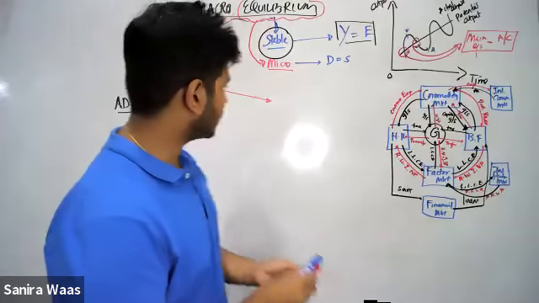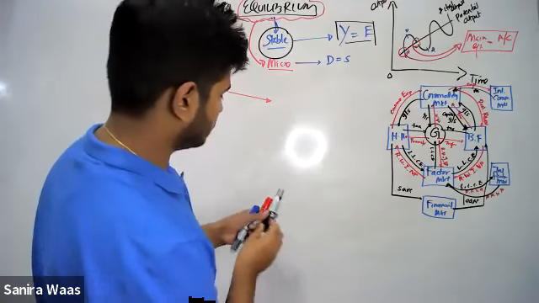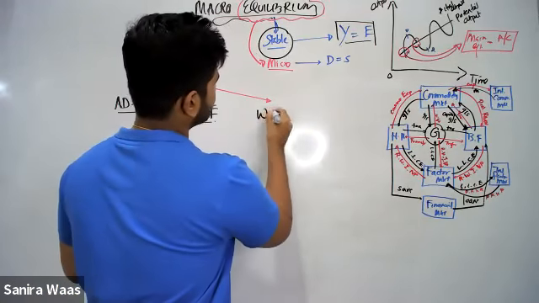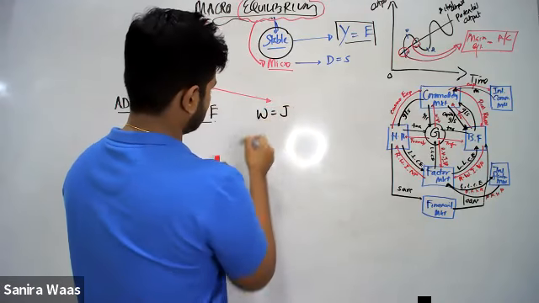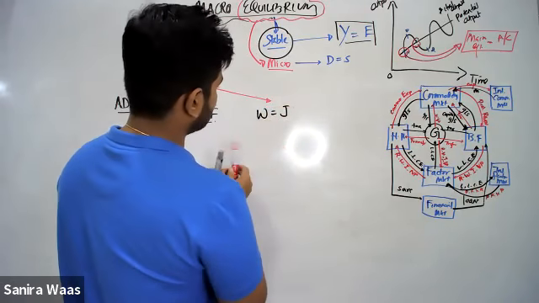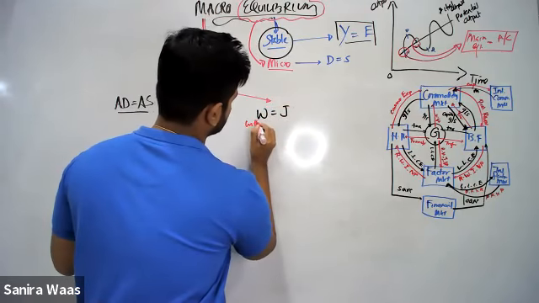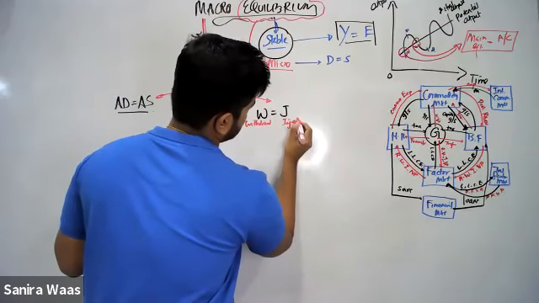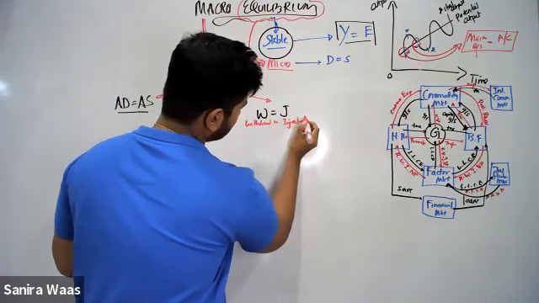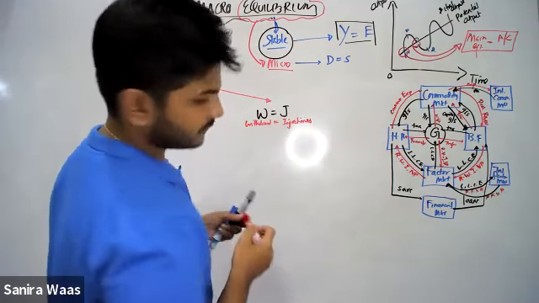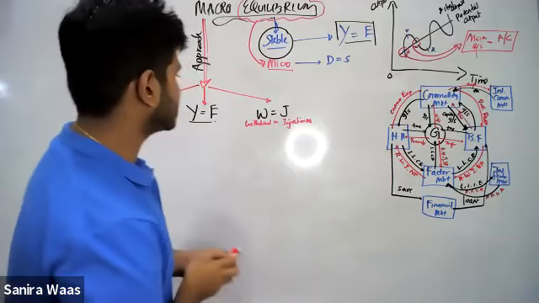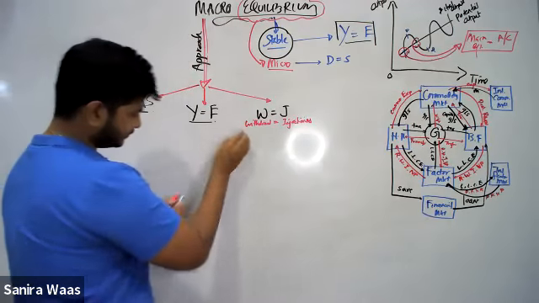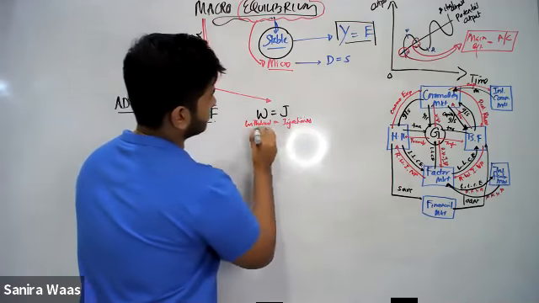So we call them what? Withdrawals and injections, right? So these are the three approaches where we can find a macroeconomic equilibrium.